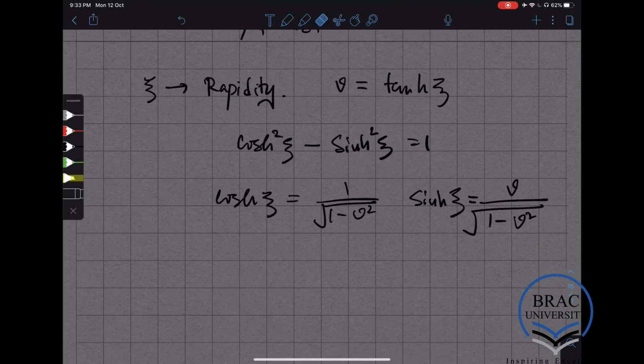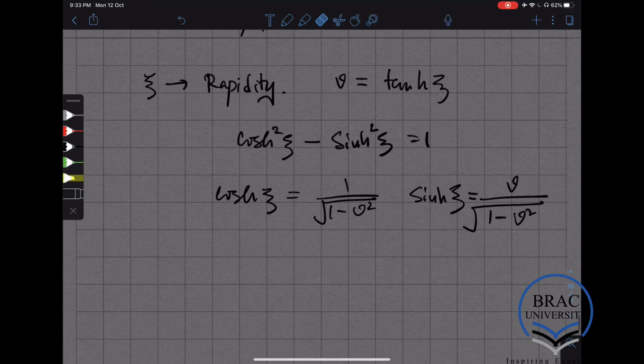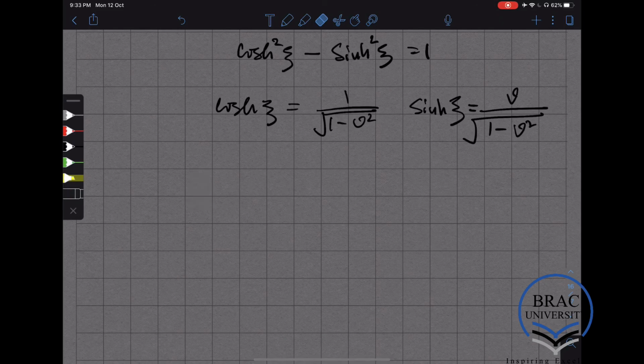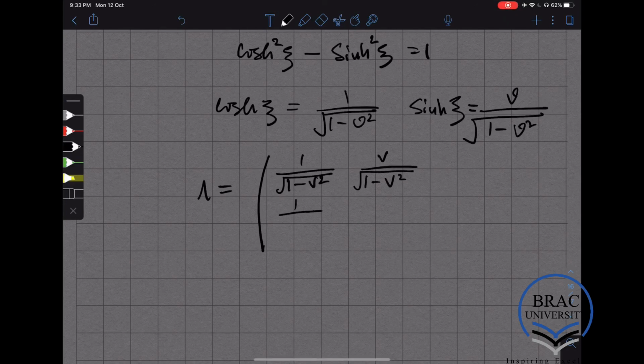But we don't want to clutter up our notation by introducing a general unit. So if I do this, then of course the Lorentz transformation matrix that we just wrote down is going to have the form of 1 over the square root of 1 minus v squared, v over the square root of 1 minus v squared, and so on.